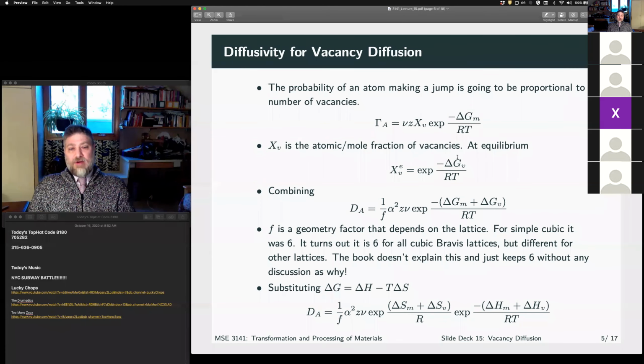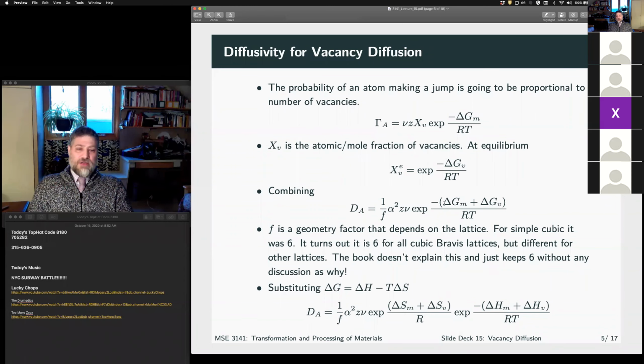All right, we have our Boltzmann statistics. So if we combine it, we get this term. Oh, shoot. Oh, no, never mind. I thought I made a mistake here, but it's not. So if we combine this, we have the diffusivity, and the energy barrier for diffusion then is the delta G of migration.